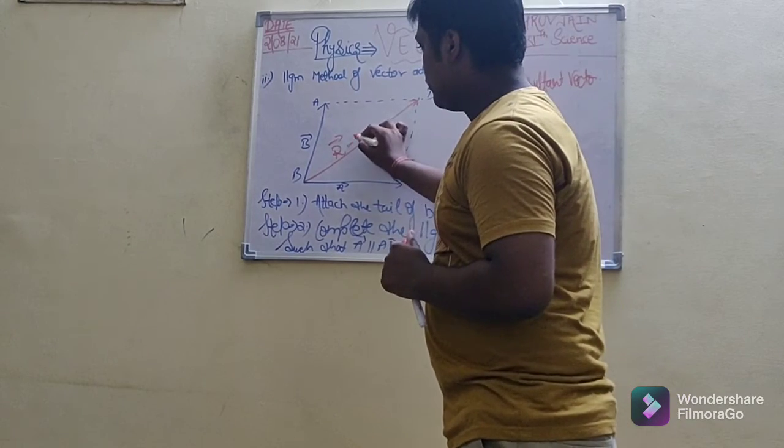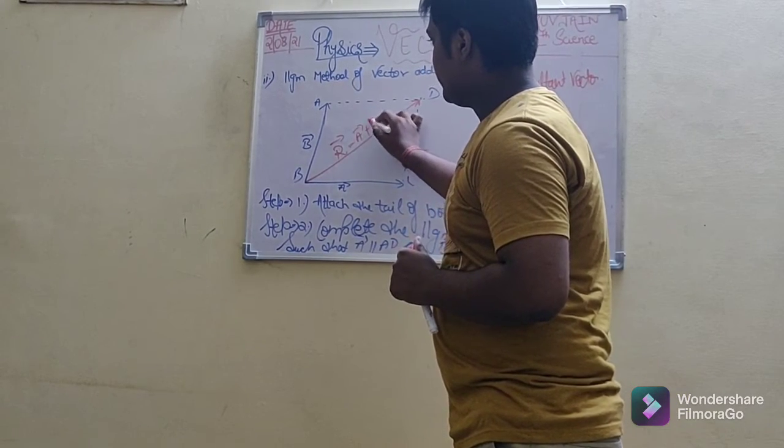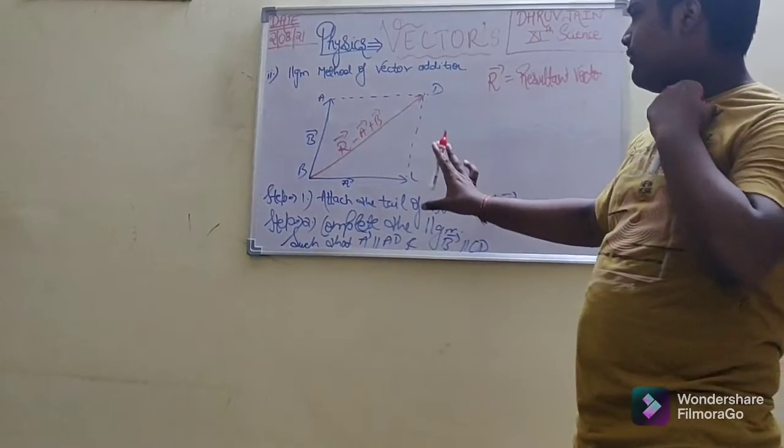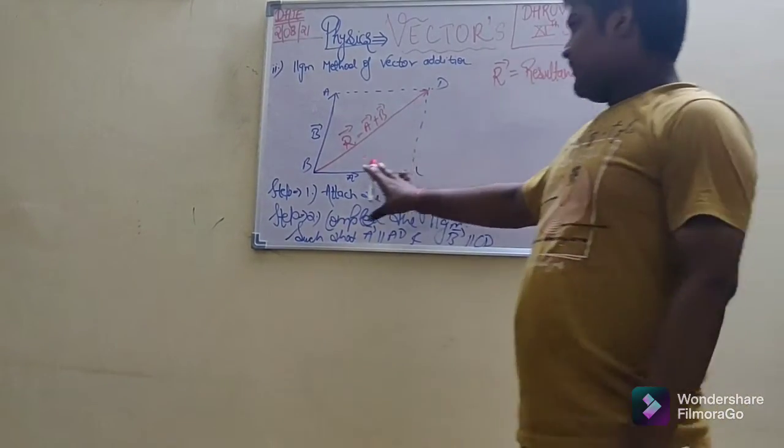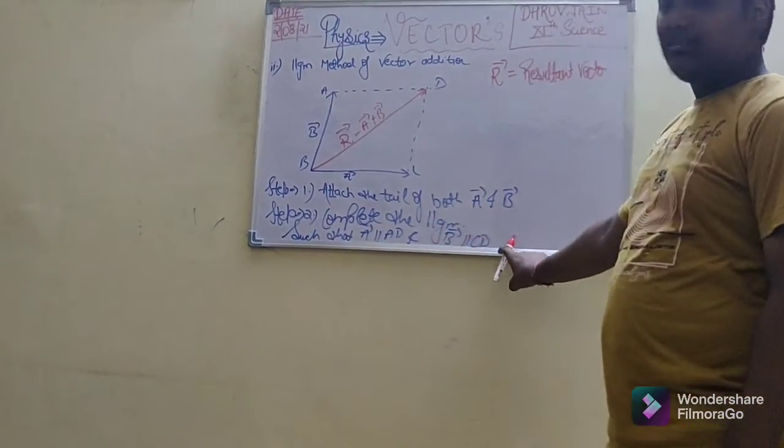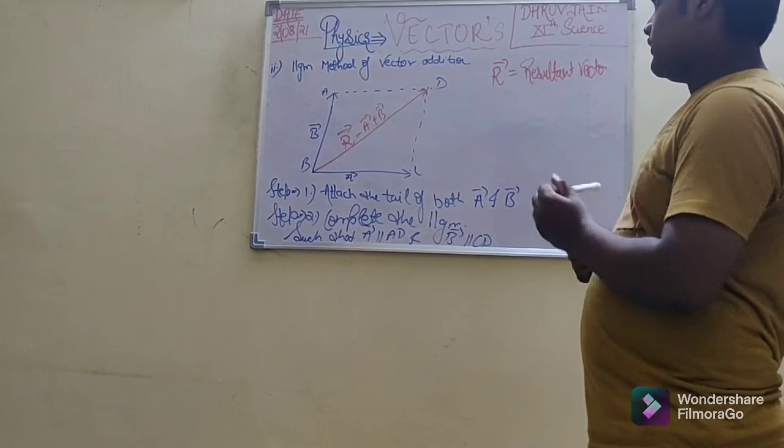It will be equal to vector A plus vector B, similar to the triangle method that I told you previously. But in this, you have to follow these steps first, then it will be easier.